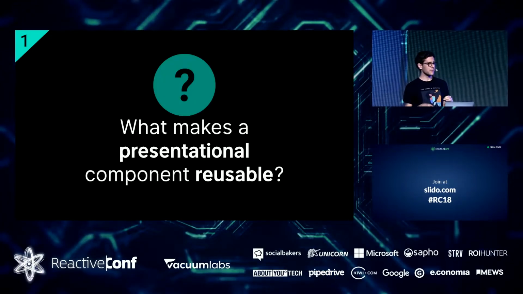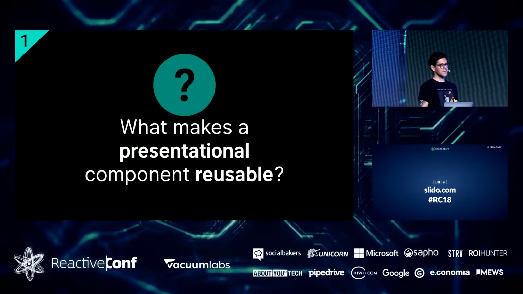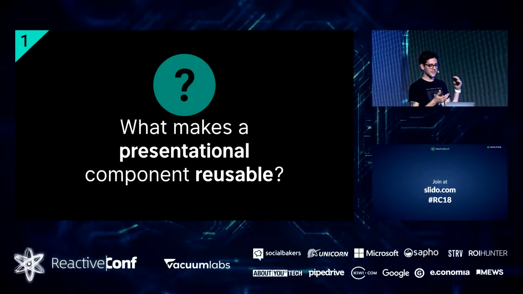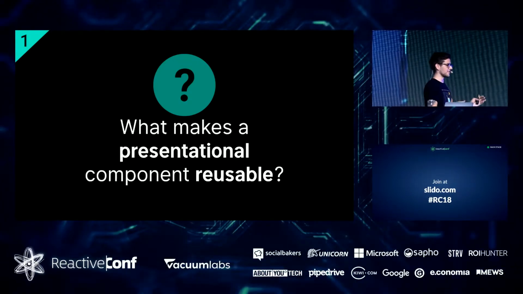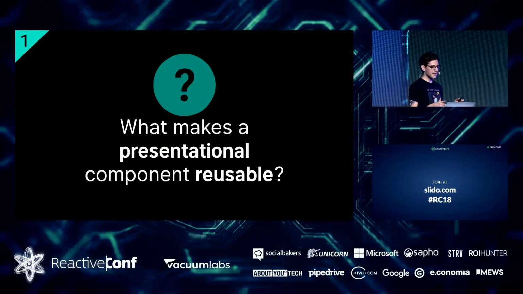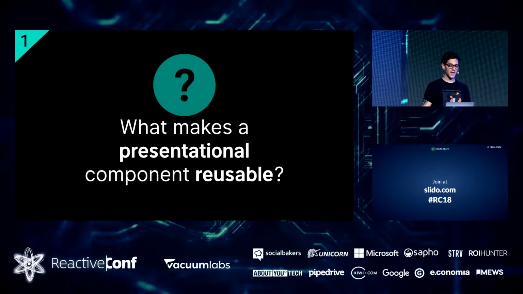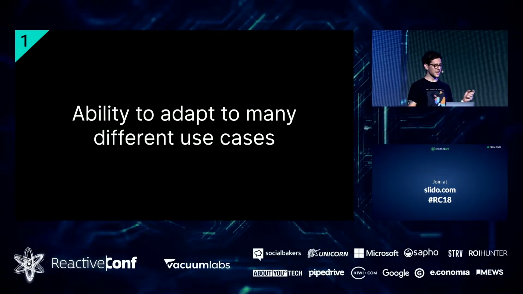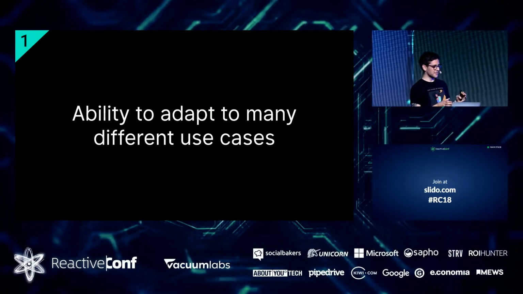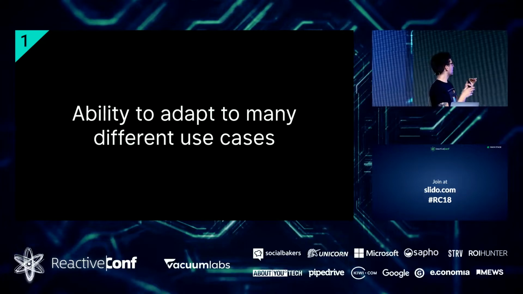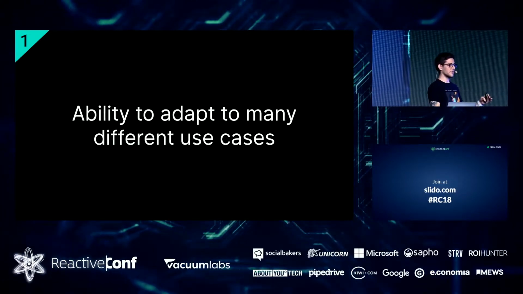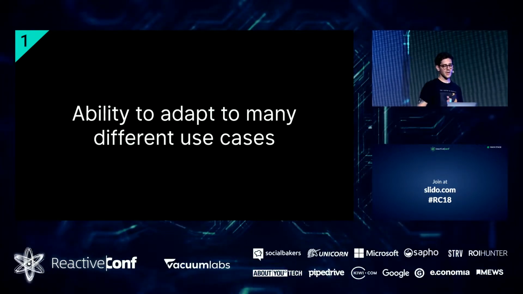And now that we know what we're talking about, we can explore the goal with presentational components in terms of reusability by asking ourselves what makes a presentational component reusable. And we might say that it's the ability to adapt to as many different use cases as possible, just like we've seen with this button before.